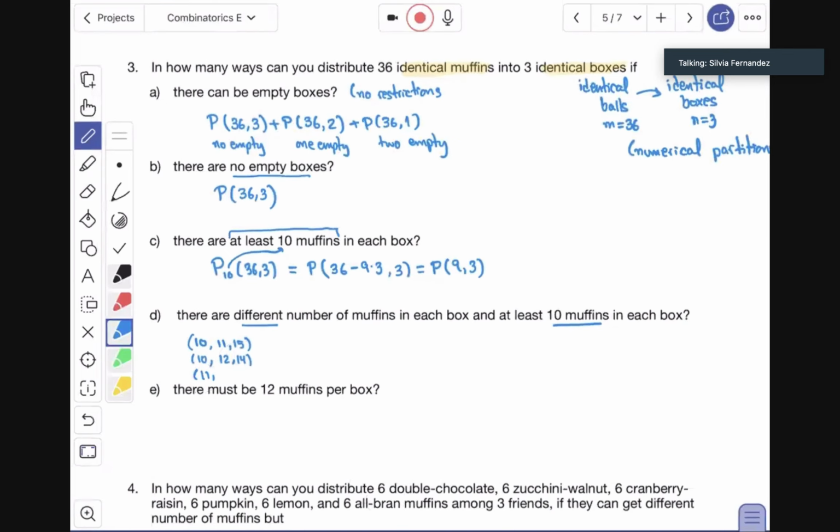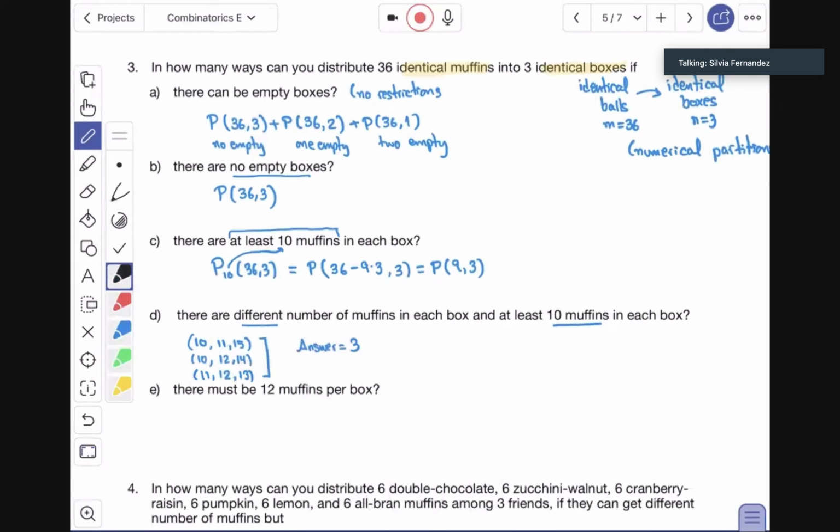And so the next one can be at least 12 because they need to be different. And then the next one is forced to be 13. And I cannot make that sum of 25 in any other way with numbers that are greater than or equal to 12. So that's it. So your answer is 3. Just these 3. Okay. So I think that's the best way to do it.